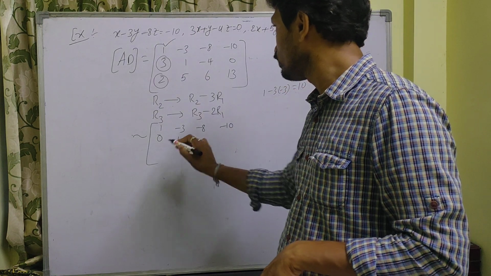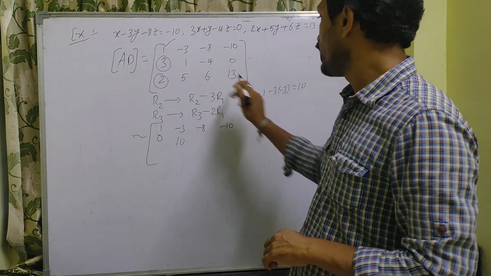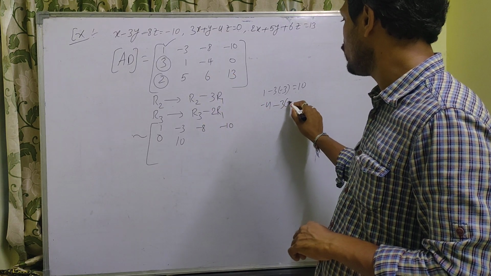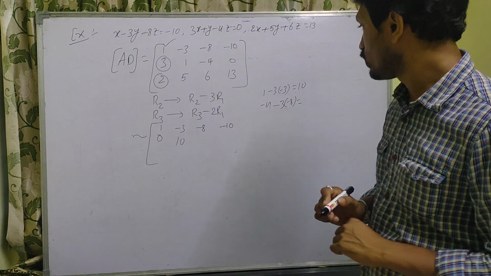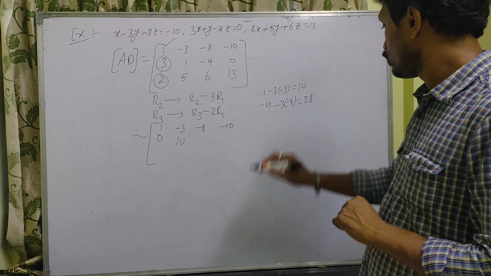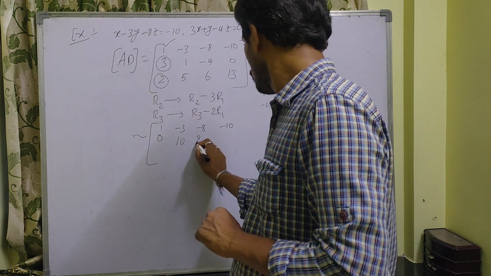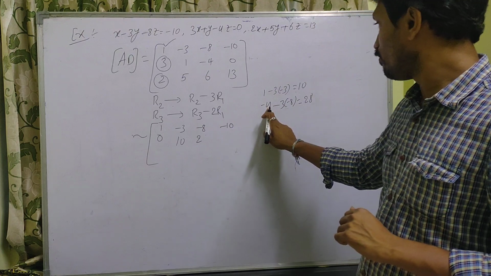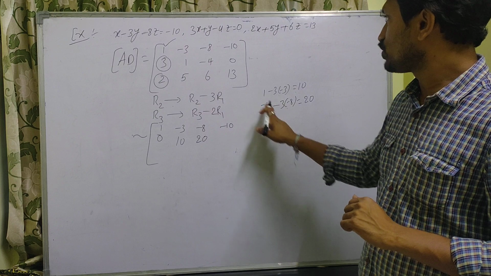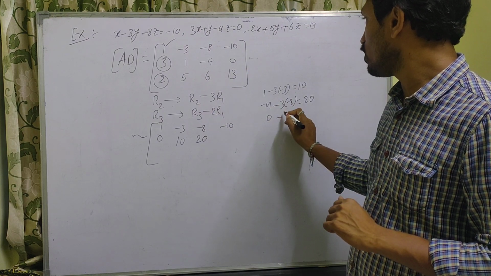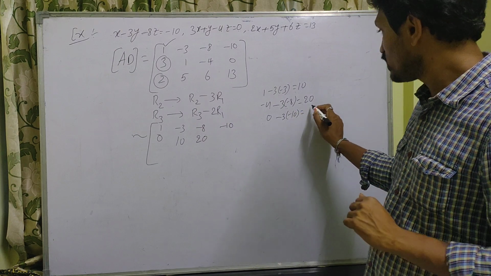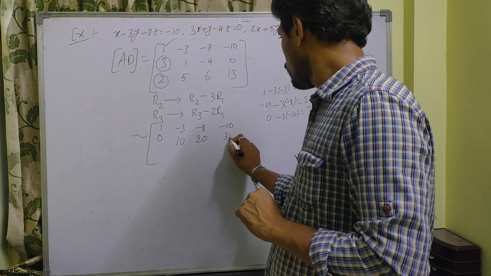So write here 10. Next, minus 4 minus 3 into minus 8, so minus 4 plus 24, that is 20. So write here 20. Next is 0 minus 3 into minus 10, that is minus into minus, plus, that is 30. So the second row is completed.